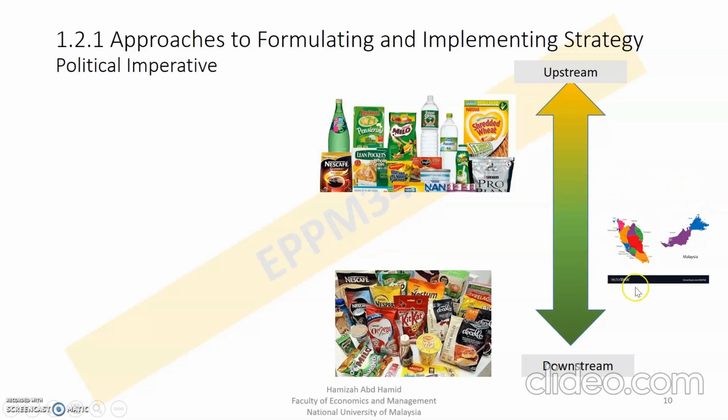One of the host countries that I chose for this example is Malaysia. These are products from Nestle Switzerland. These are products from Nestle Malaysia. As you can see here, Milo, Malaysia also has Milo. Nescafe, Malaysia also has Nescafe. We have some other products as well.